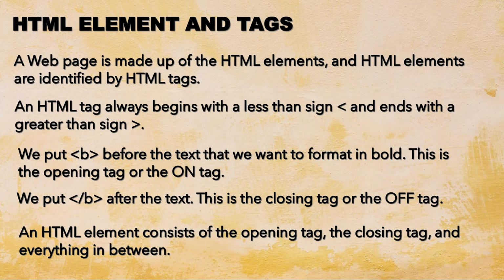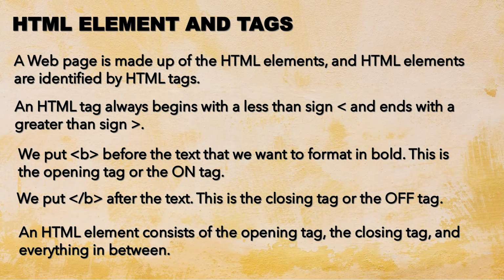This is the opening tag or the on tag. We put </B> after the text. This is the closing tag or the off tag. The off tag is the same as the on tag, except it has a slash.